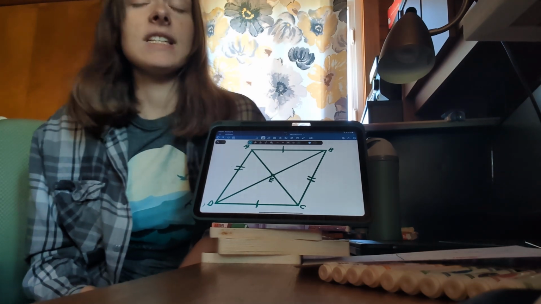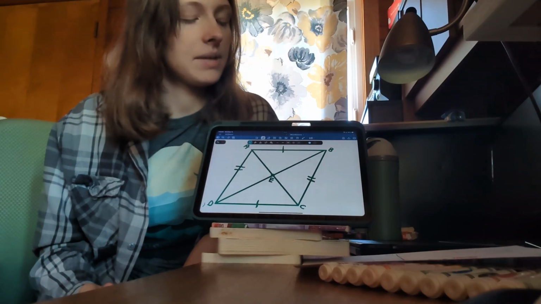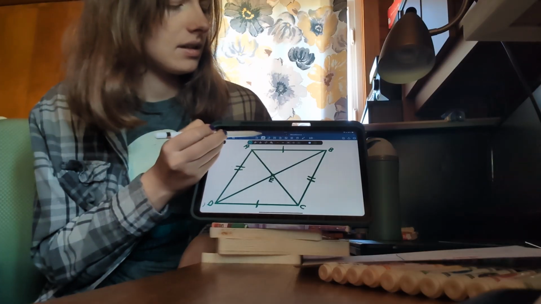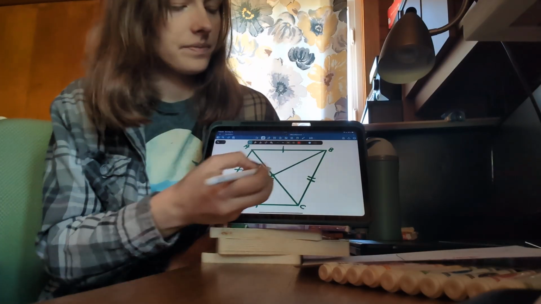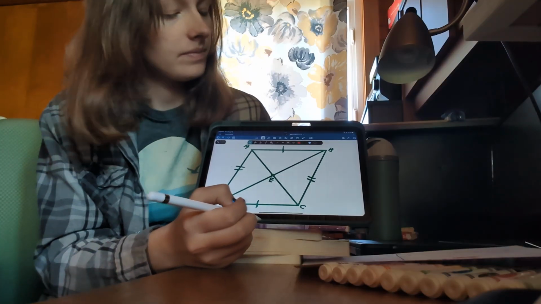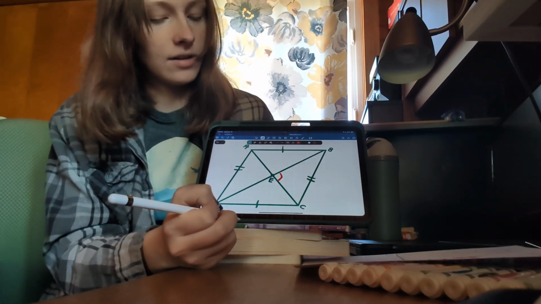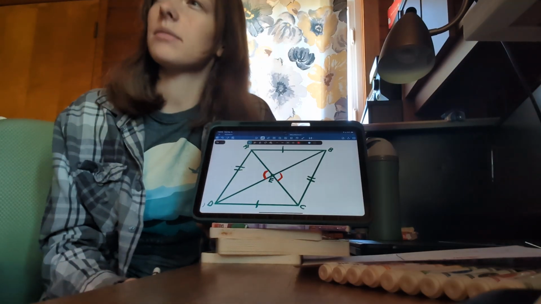Okay. Tim says that we can use vertical angles and we can get some congruent angles on the inside of our shape. So, what are we saying? Angle BEC is congruent to angle AED. These angles right here, right?